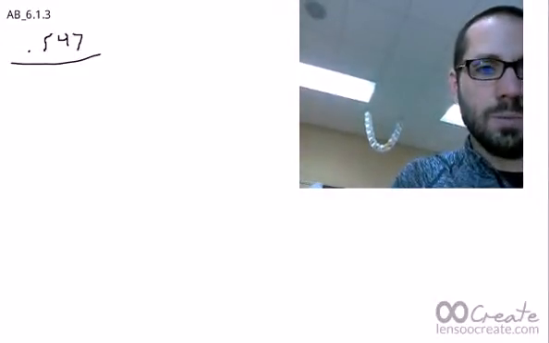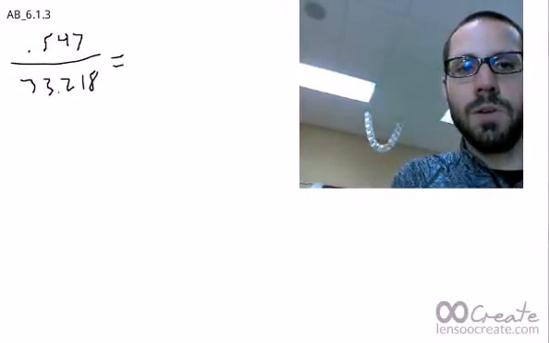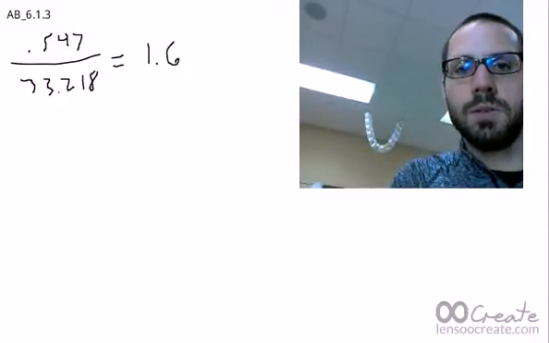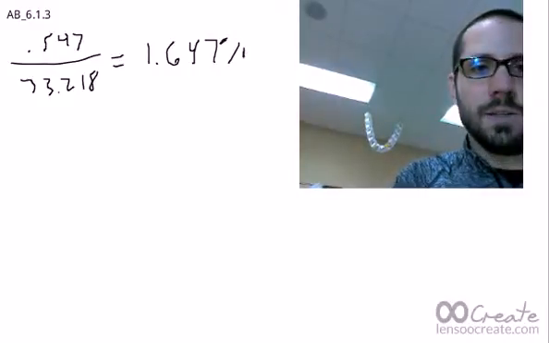I believe that looks like this. The increase was 0.547 million divided by, it used to be 33.218 million, for an increase of 1.647%.